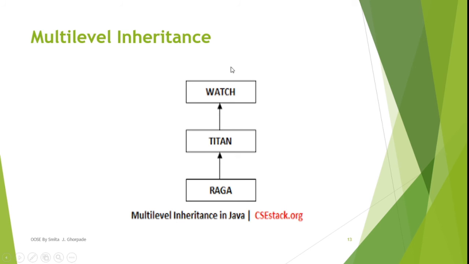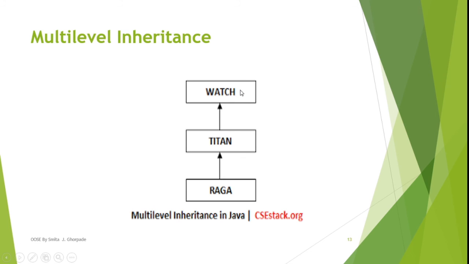So Watch is the grandparent class, and from Watch a derived class is Titan, which we can call the parent class. From the parent class Titan we are deriving a new class called Raga. So Raga is the child class here. Grandparent, parent and child class. Certain levels are maintained here, so that's why it is called multi-level inheritance.